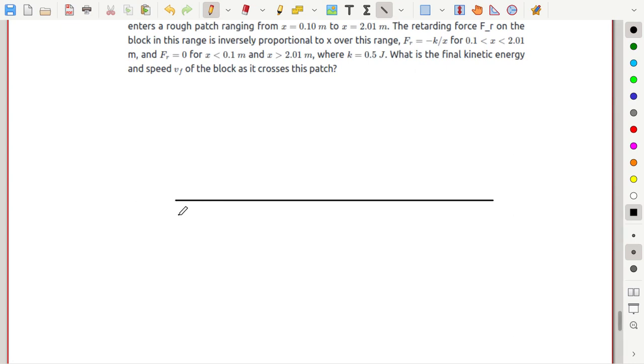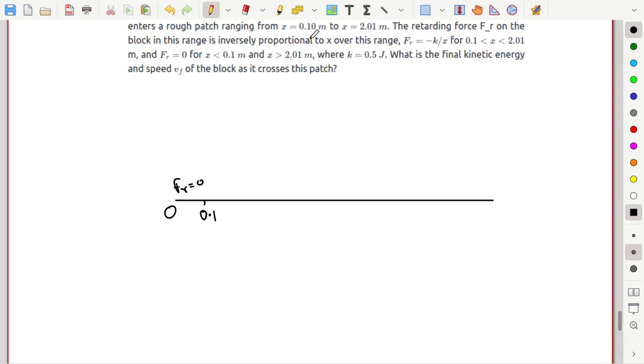Initially, from x equal to 0 to x equal to 0.1 meters, Fr is 0. There is no retardation force.